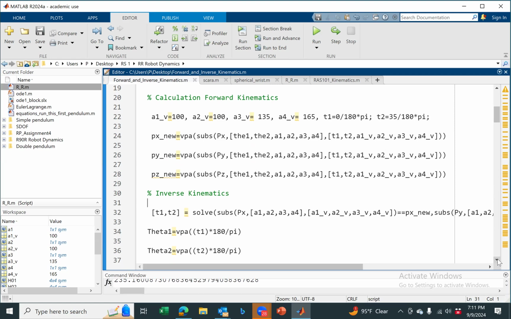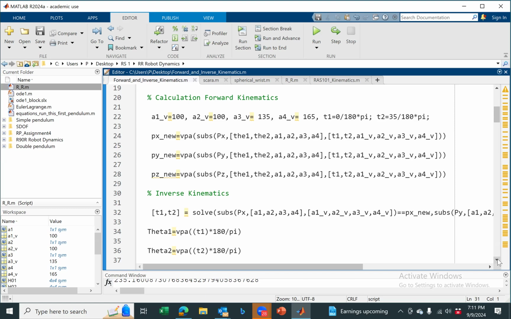Now, I'm going to use the MATLAB built-in function solve. It's a numerical solver. It has built-in 10 or 15 numerical algorithms that will find the solution of the algebraic equation. That algebraic equation could involve transcendental functions like cosine, sine, or some complex functions. So the idea is, I'm asking MATLAB to solve the equation.